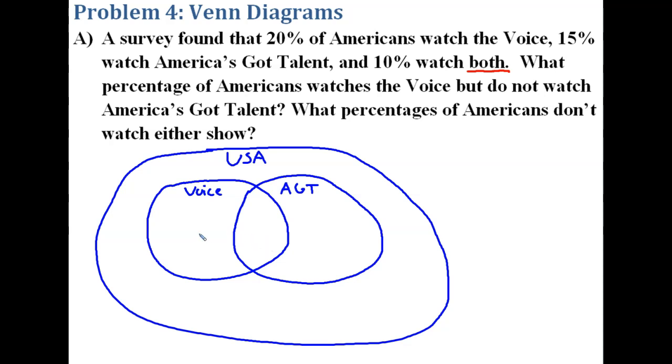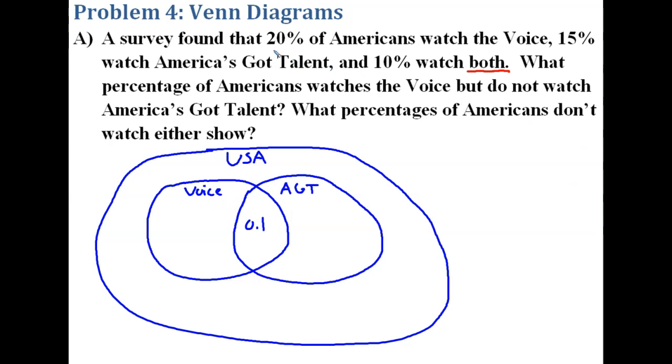Okay, we want to fill in each section of this Venn diagram with probabilities. And you're going to want to start with the both part. 10% watch both, so I'm going to put a 0.1 in that overlap. What I want to figure out next is what percentage of Americans watch just The Voice, but don't overlap with America's Got Talent.